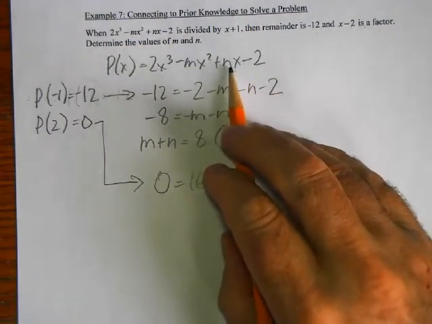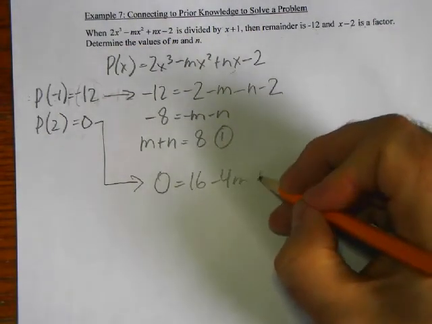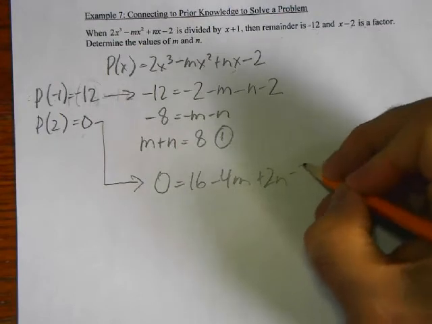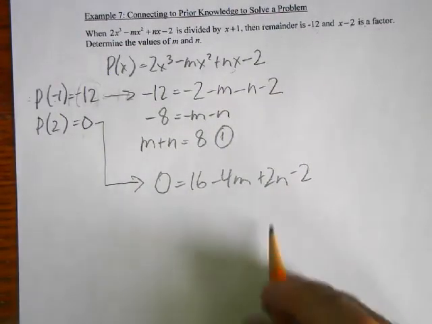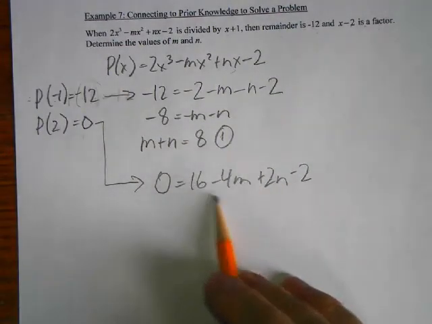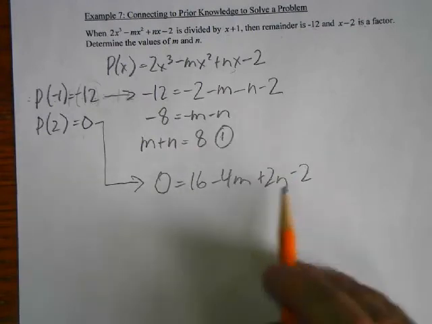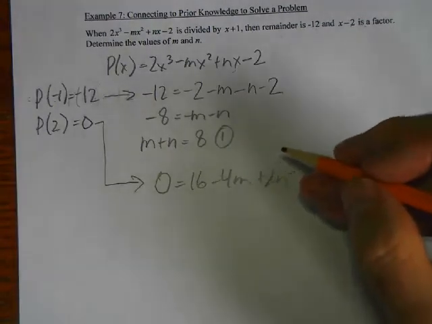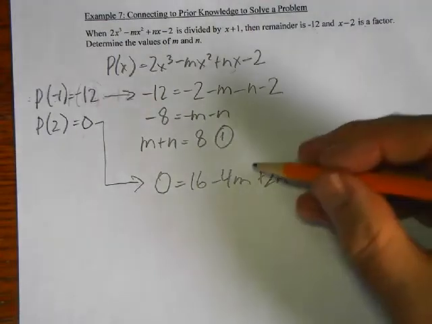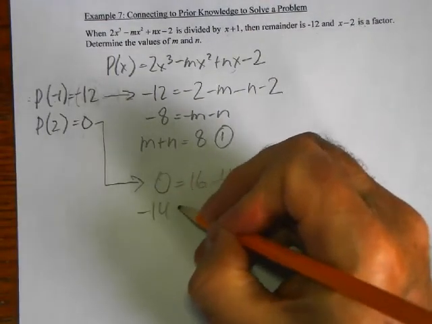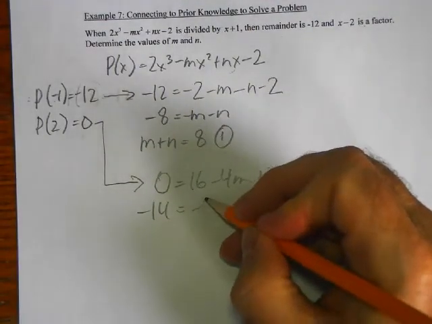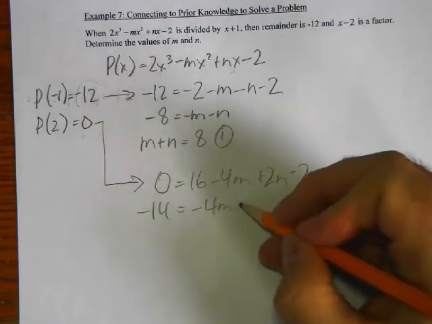Here, if I plug in a 2 there, that's plus 2n minus 2. Okay, so if we combine the constants here, I get a 14 on this side, and if I subtract it from this side, that would be subtracting 14, so minus 14 equals minus 4m plus 2n.